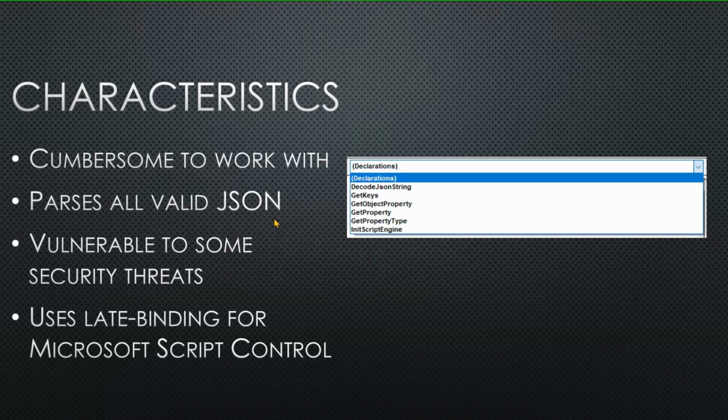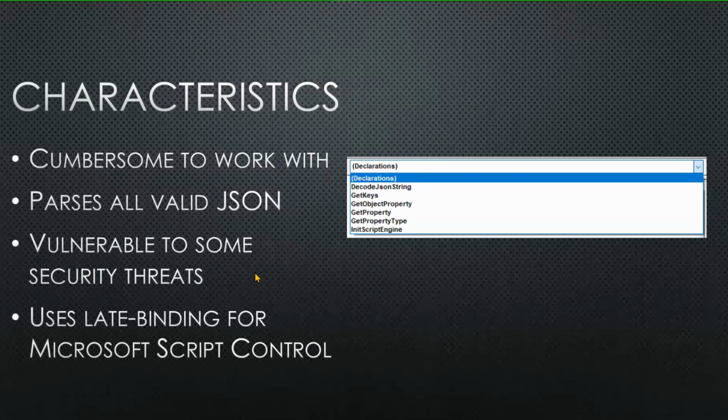So that was the first obstacle that I had with the first JSON converter, and I had to use this one because I don't have to worry about it messing up all valid JSON input that I give it. However, because it's using the JavaScript engine, it is vulnerable to security threats like JavaScript injection, things like that. So if people know you're using this particular method, they could potentially mess with your system and get in.